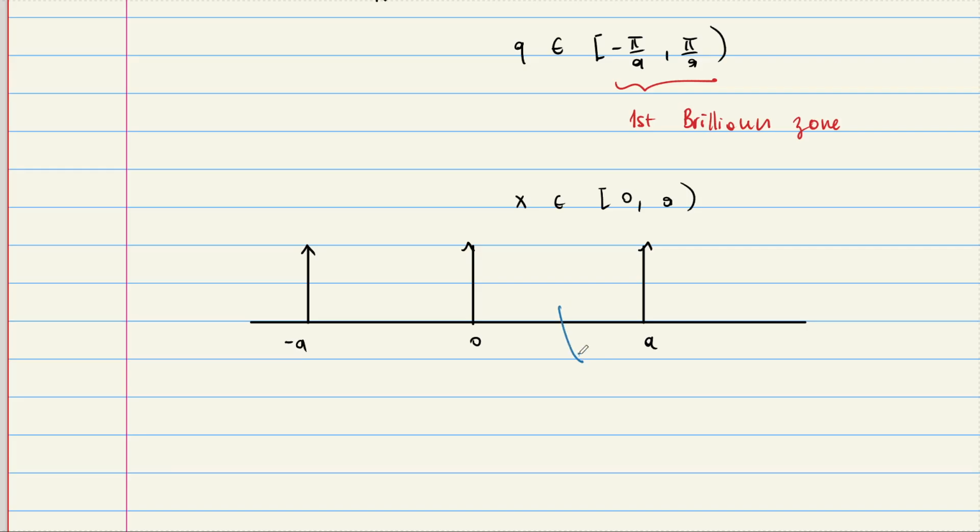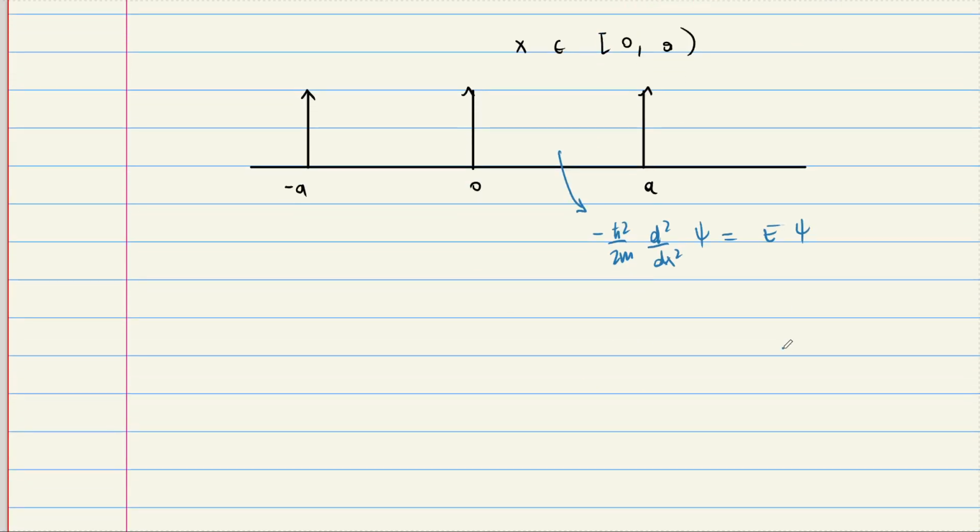So here I have minus h bar squared over 2m d squared over dx squared psi is equal to E psi. And we know how to solve this, right? So we can just do what we do all the time.